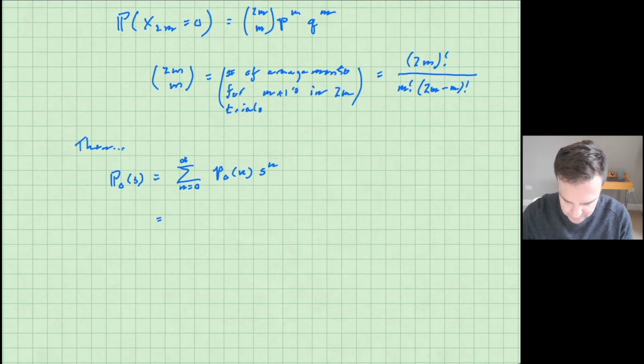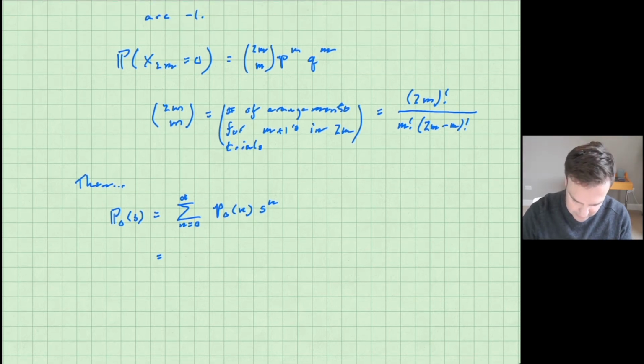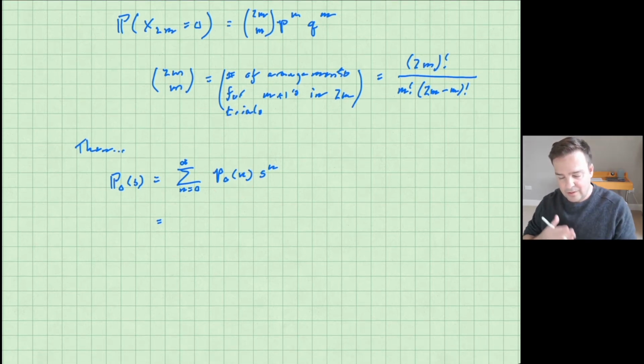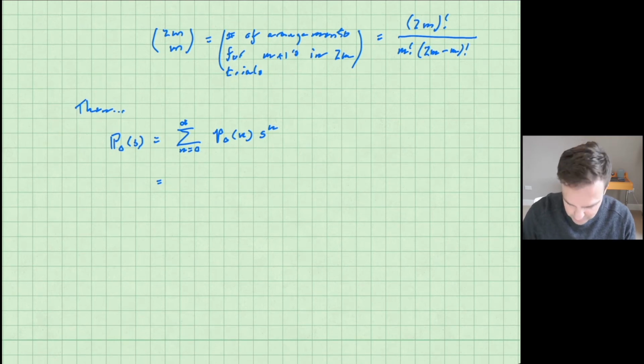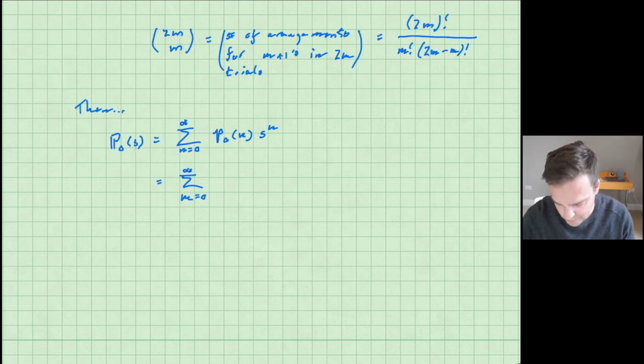And so now I can just substitute in that thing that we just figured out. We get that from here, right? But remember, a lot of the n's don't contribute because they'd be odd numbers. So we only keep the even numbers. Here's what we get. You can just write the even numbers, so m is 0 to infinity, and then P0 2m of 2m times s to the 2m, right?